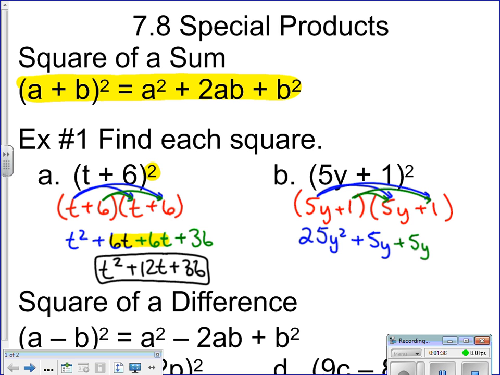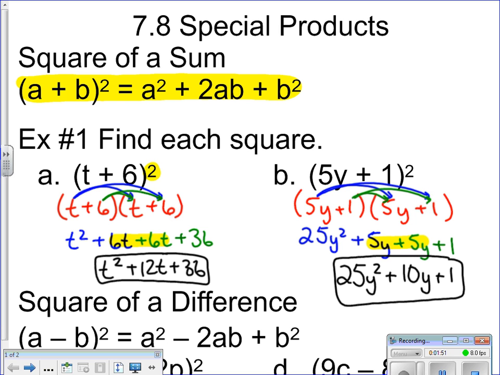And 1 times 1 is 1. Notice the like terms in the middle. 25y squared plus 5 and 5 makes 10y plus 1 is the answer. So again, write the parentheses out twice, use distributive property, and you get to your answer.